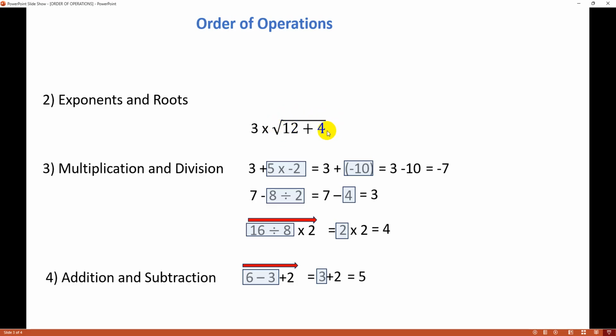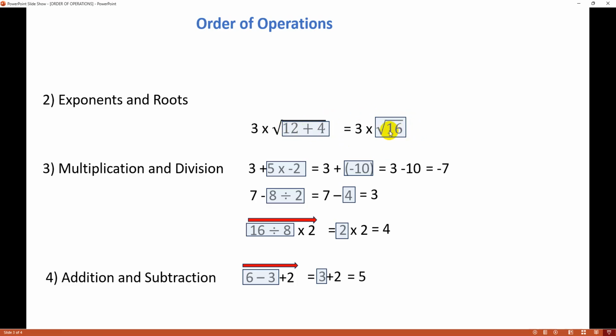Again, the reason is because 12 plus 4 have to be added to generate only one number. We need only one number under the radicand, okay? So 12 plus 4 will be 16. Now that we have only one number, now we are able to square root that number.